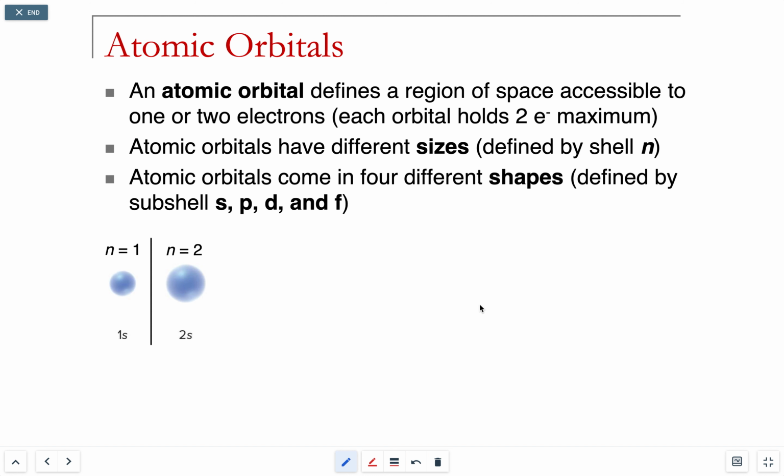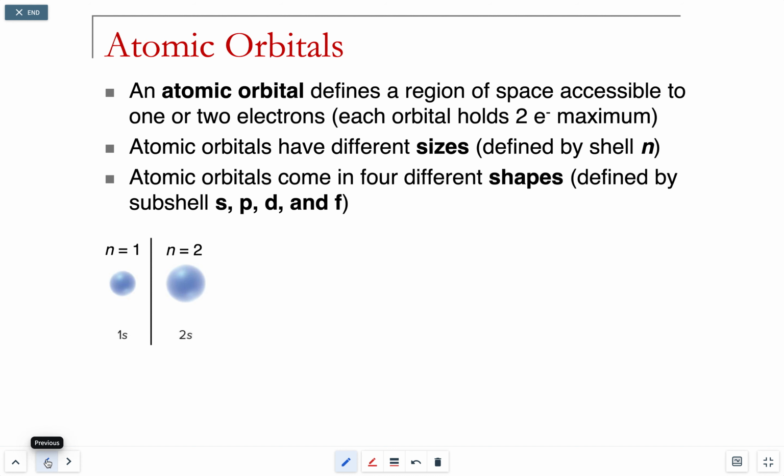All right, so again, we're defining an atomic orbital as a region of space where you can find the electrons, but it can hold only up to 2 electrons. So we'll either have 1 or 2 electrons. The orbitals have different sizes, and the size is defined by the shell n. So the 1s orbital, which is in the n=1 shell closest to the nucleus, is smaller than the 2s orbital, which is in the higher shell.